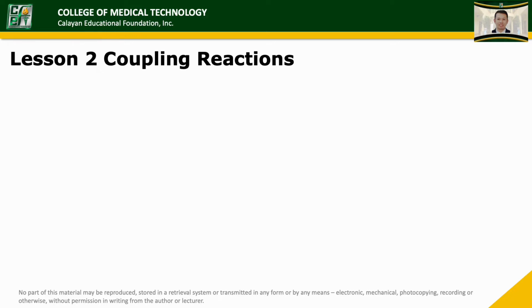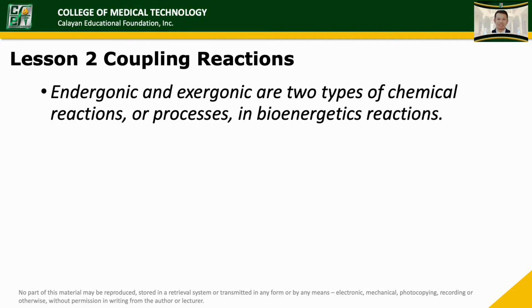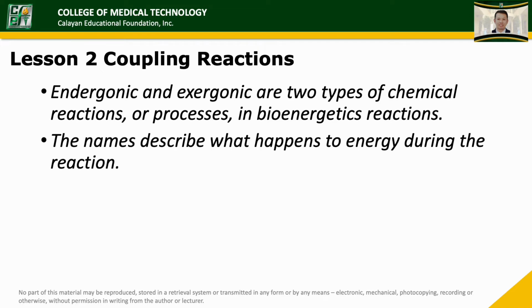So this time, let us talk about the coupling reactions. In this topic, we have endergonic and exergonic processes or reactions. Endergonic and exergonic are two types of chemical reactions or processes in bioenergetics.